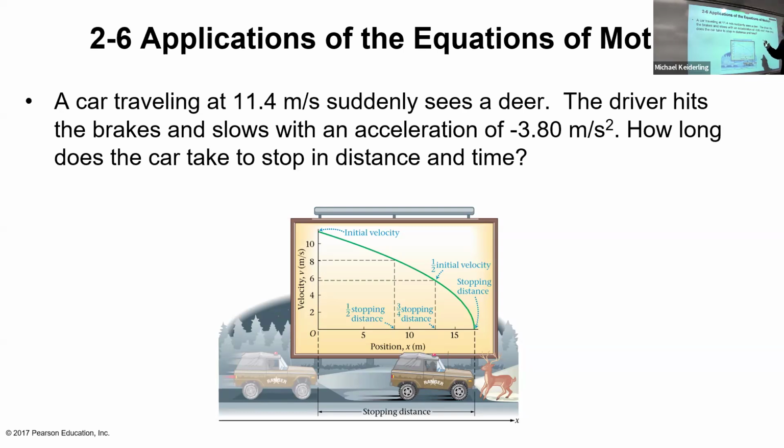So just important things to know. This is your initial velocity. This is your acceleration. And coming to a stop means your final velocity equals 0.